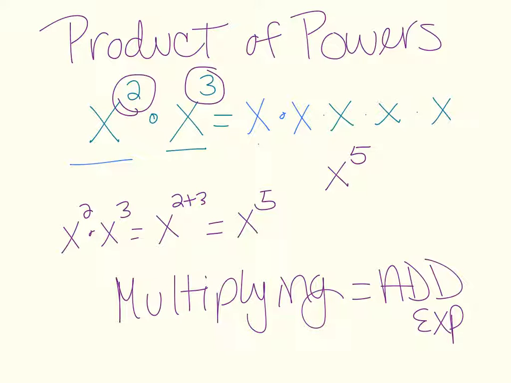What would change if I write 3x squared times 4x to the fourth power? So you're still multiplying, so keep that in mind.